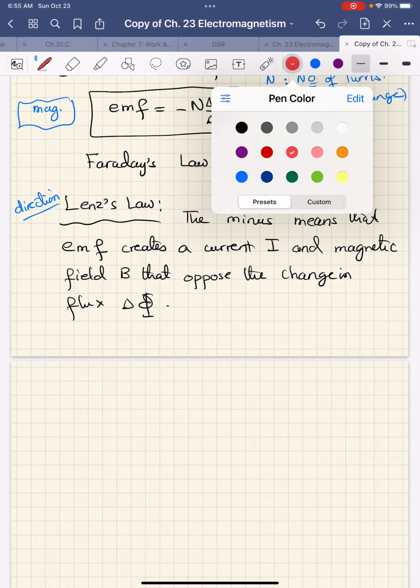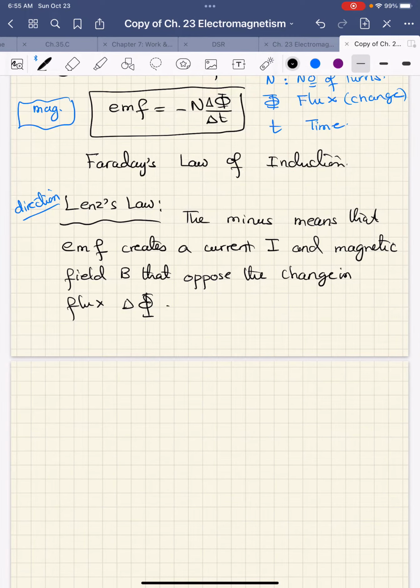Anytime you're going to have something called B original and B induced, there are two fields. One of them is the original, the one that is in the problem, and there is another one that is going to be produced, induced.